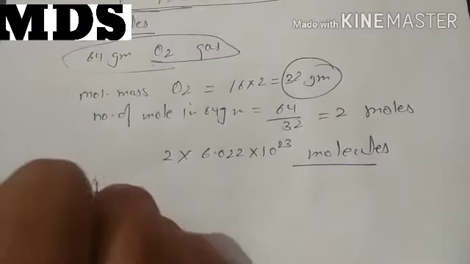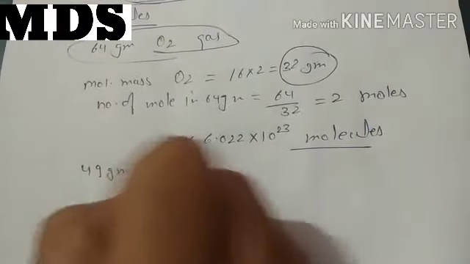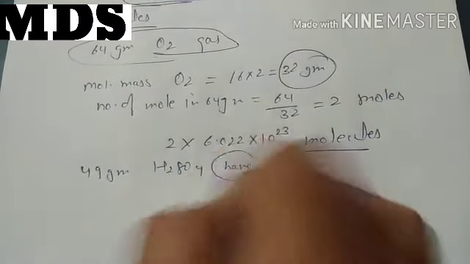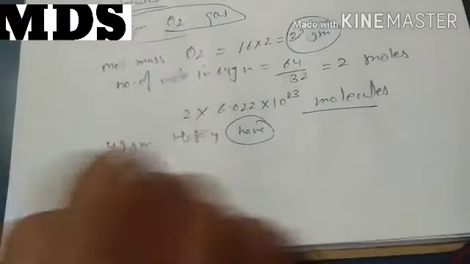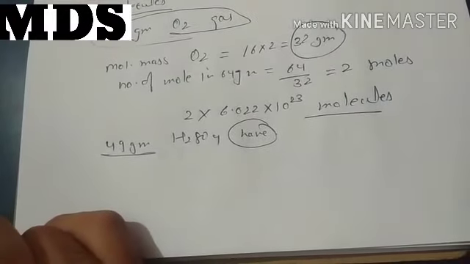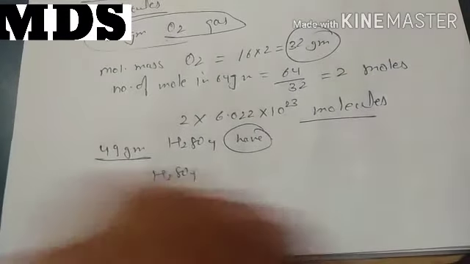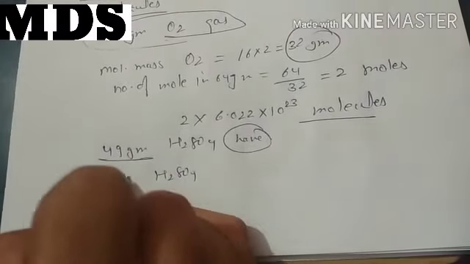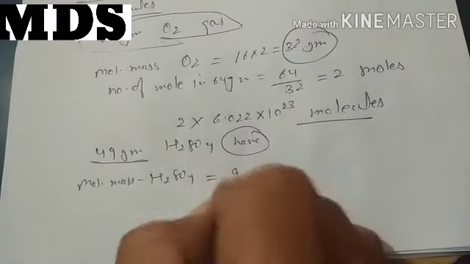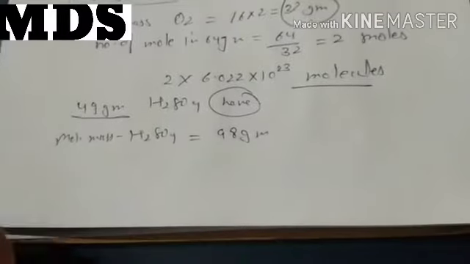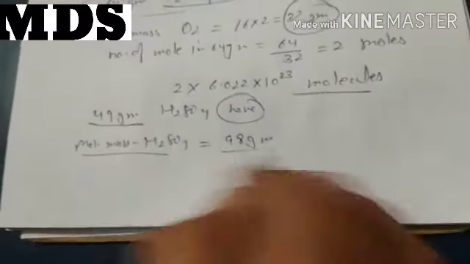For molecules, let me give you another example as well. How many molecules are in 49 gram of H2SO4? The molecular mass of H2SO4 is 98 gram.